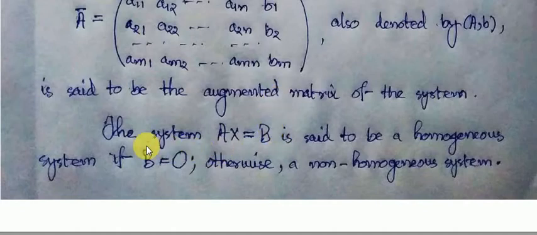If the right hand members of all the equations of the system are 0, that means if the matrix B is the null matrix O, then we shall call this system a homogeneous system of equations. When B is not equal to the null matrix, we call the system Ax equal to b a non-homogeneous system, and if B equals the null matrix, we call it a homogeneous system of equations.